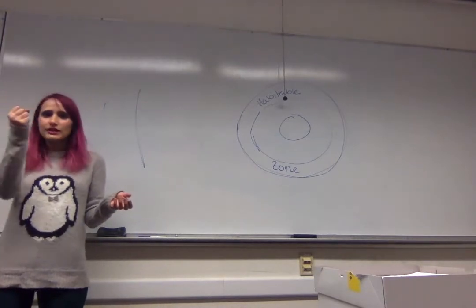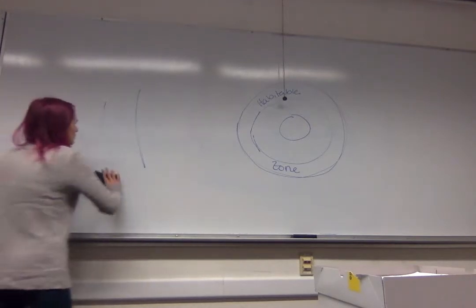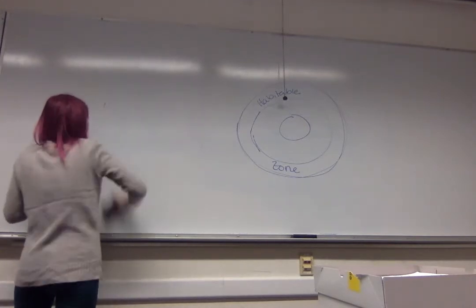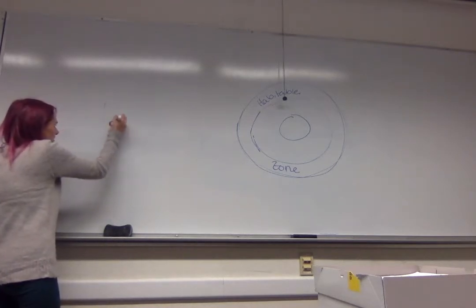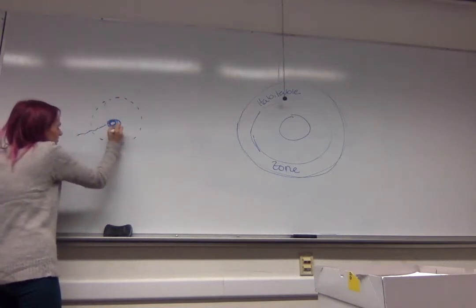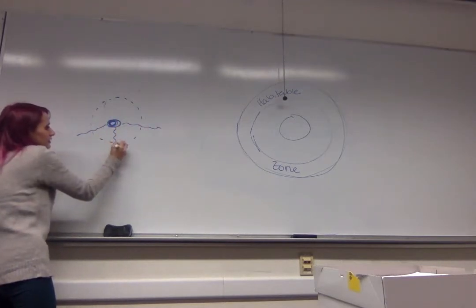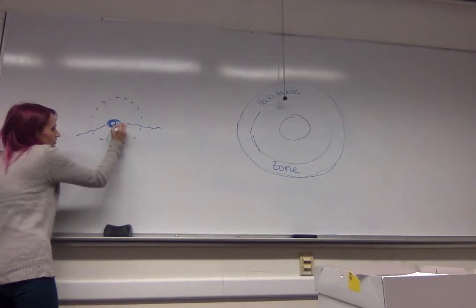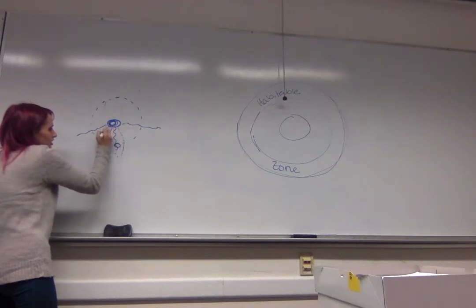So if you have a star, and the planet is going around it like this. You have a star, and the light's coming off this star, right? And you have a planet come right in front of it. Then it's going to bend light around this star, around the planet, and all of a sudden this star is going to look brighter, right?